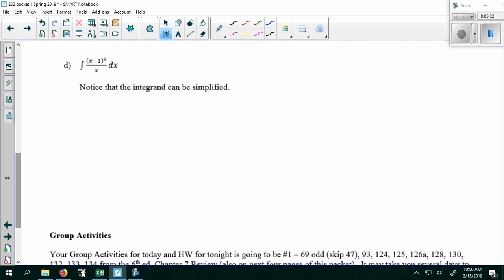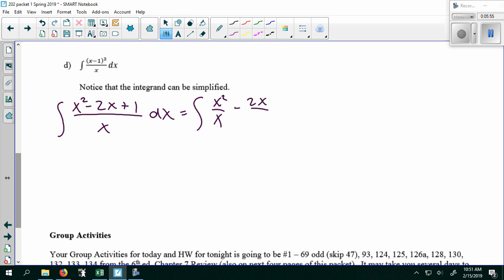All right, so for this last one, D, you should notice that the integrand can be simplified. So I could square out the integrand, and I would get x squared minus 2x plus 1 all over x dx. And then I can unadd these fractions, right? So this becomes the integral of x squared over x minus 2x over x plus 1 over x dx.